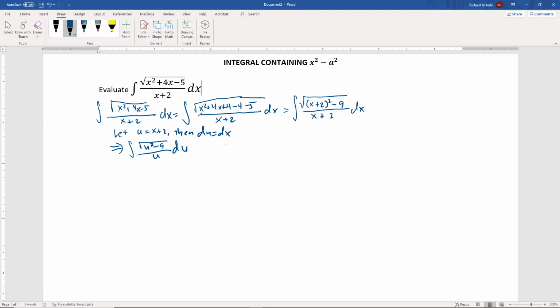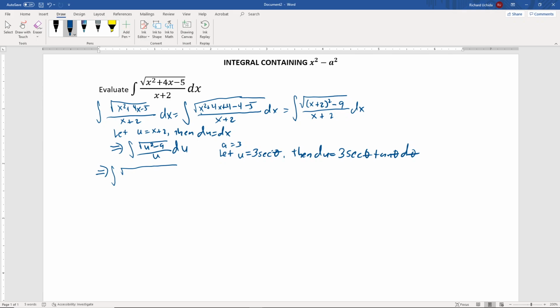And now we're going to do a trigonometric substitution where our a in this case, because 9 is 3 squared, is equal to 3. So we're going to let u equal 3 secant of theta. Then du would equal 3 secant of theta tangent of theta d theta. So doing our substitution, we'd have the integral of the square root.